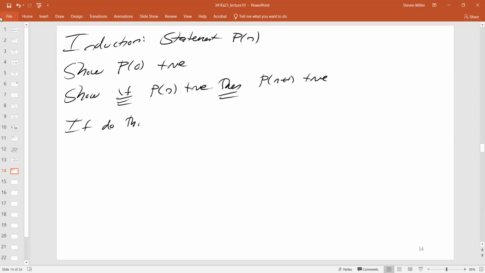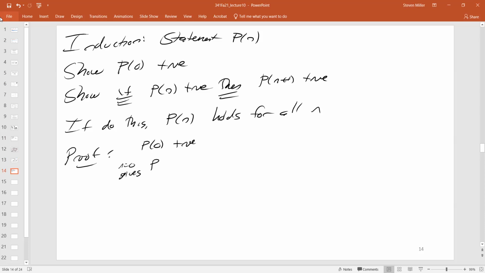If you do this, Pn holds for all n. And the proof is actually pretty nice. So we know P0 is true. And if we take n equals 0, that gives us P0 true implies P1 is true.